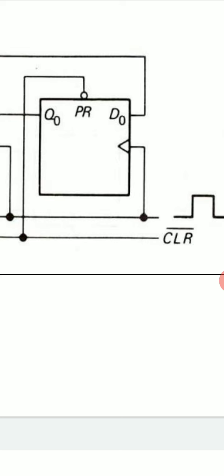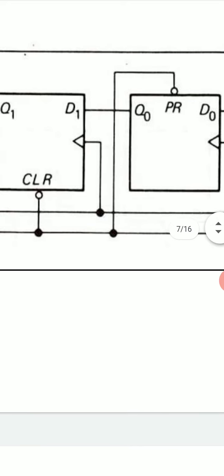Preset means output Q0 is 1, and this happens when PR is low, because this bubble shows that it is low active, and it is connected to CLR bar. When CLR bar is low, PR is low, and output Q0 becomes 1.